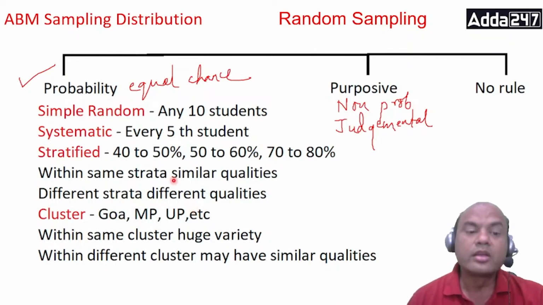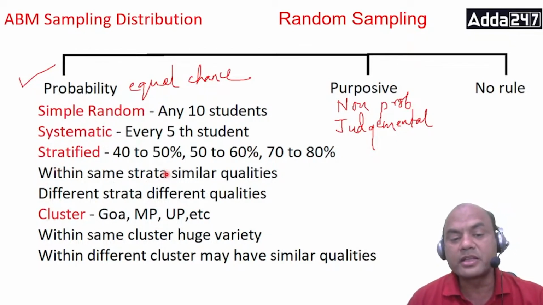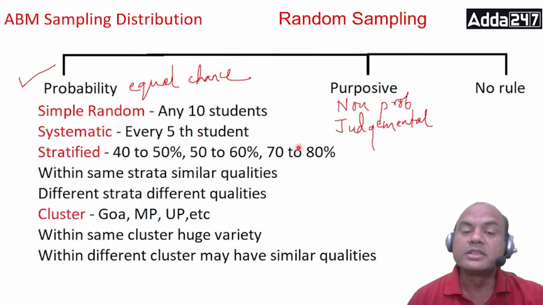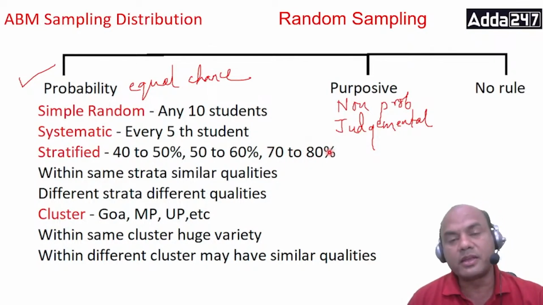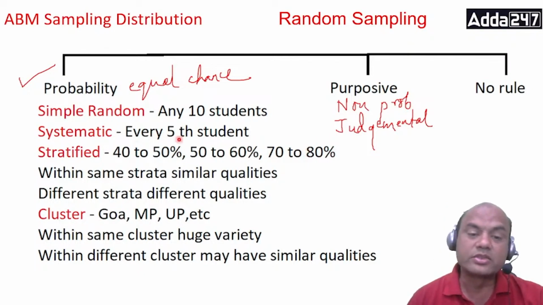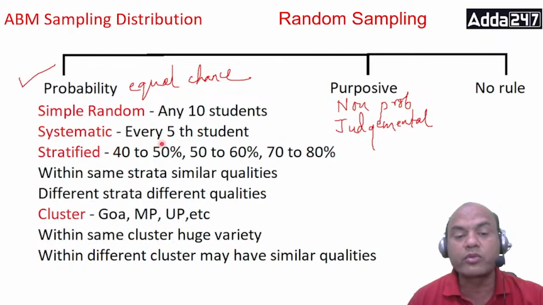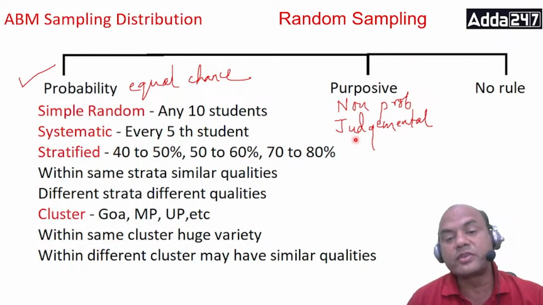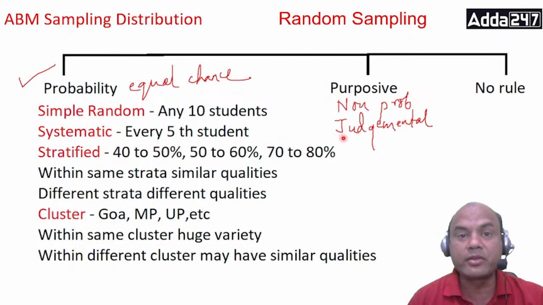Now one important point I'll give you over here, on stratified and cluster. Within the same strata, they have similar qualities. What does that mean? The students having a range of 70 to 80% will think similarly to each other, versus students with marks of 40 to 50, whose thinking ability will be different.